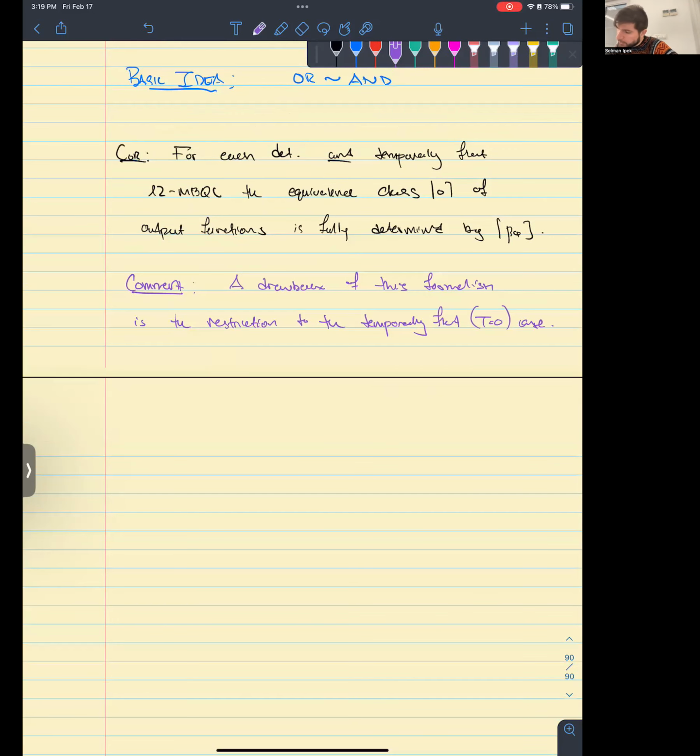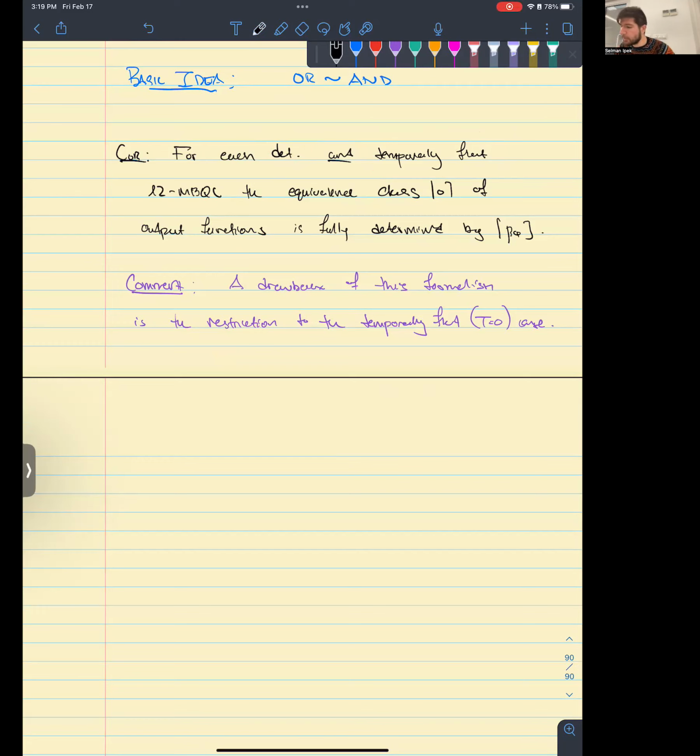Actually, here you notice that the result that I wrote down had two caveats to it. It was deterministic and temporally flat. The deterministic part can be relaxed, and there's a set of results that relate the probabilistic case to contextuality and degrees of contextuality.